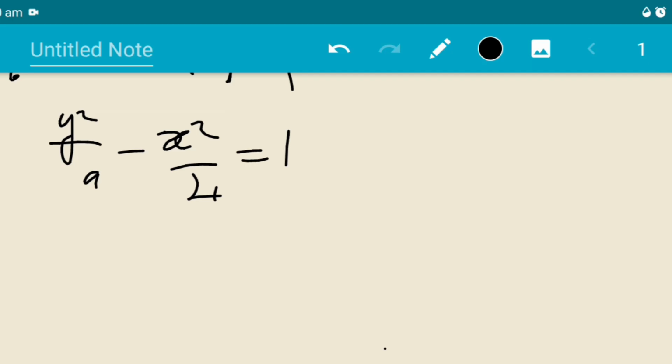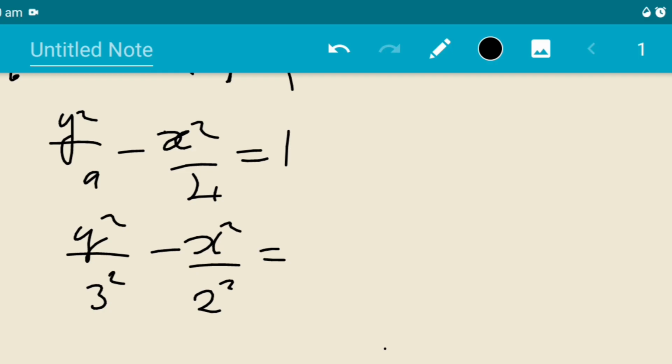Let's write it according to the standard equation: y squared over 3 to the second power minus x squared over 2 to the second power equal to 1. So we know our a in this case is 3 and our b is 2.